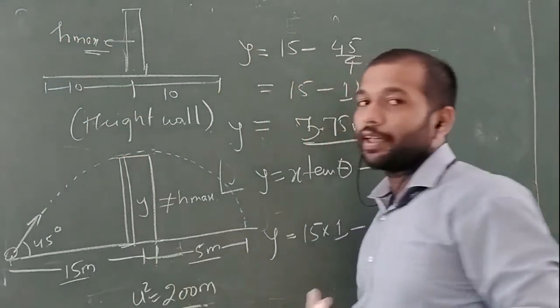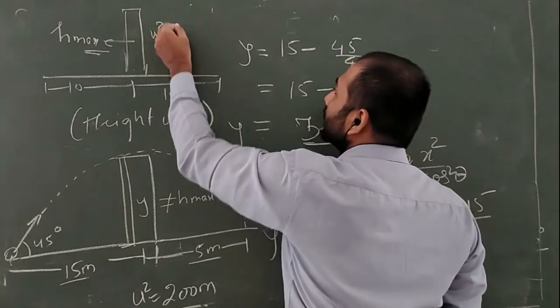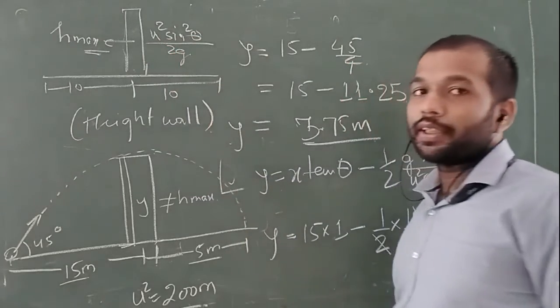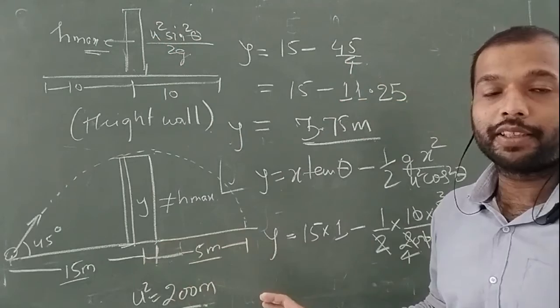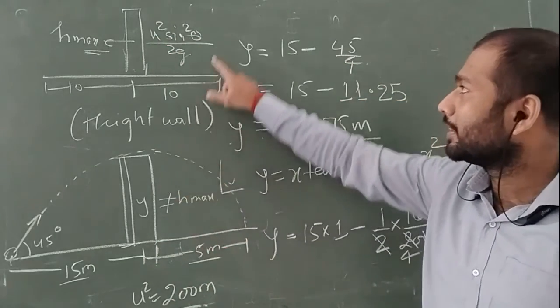That will be the height of your projectile, and you know the formula for the height, that is u square sin square theta upon 2. So in that case you can take the maximum height, but here since the both side distances are different, that's why we will not take the value of y as the h max.